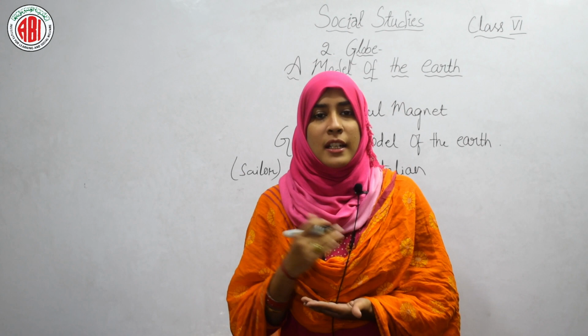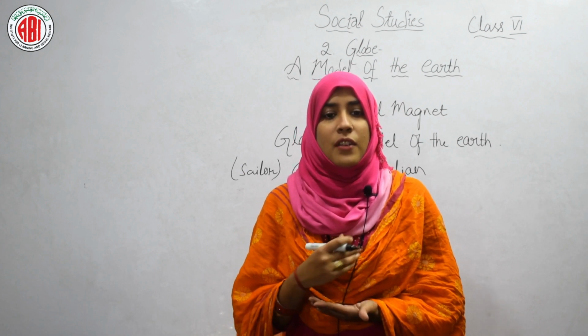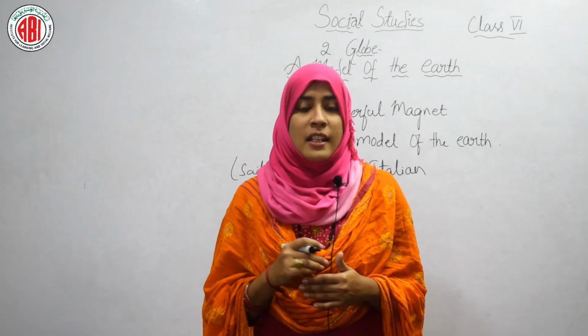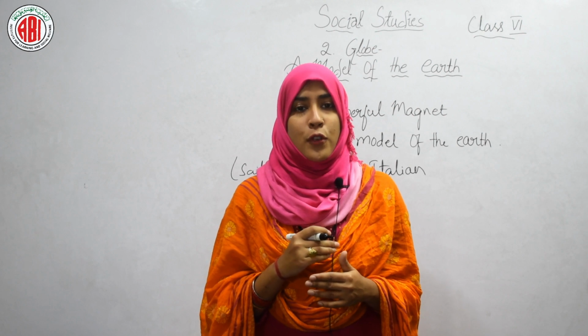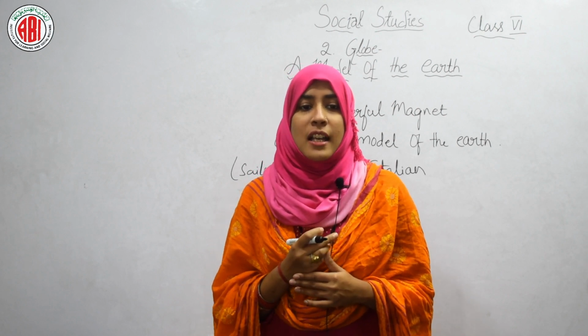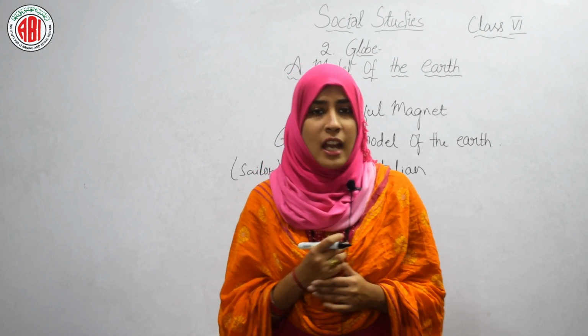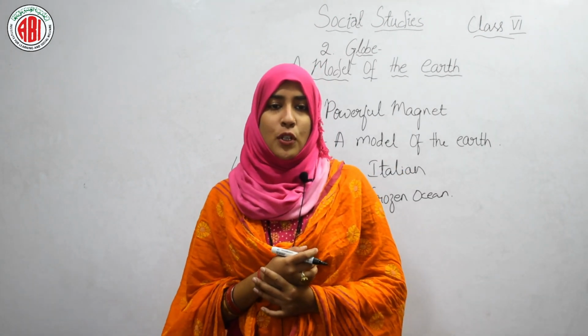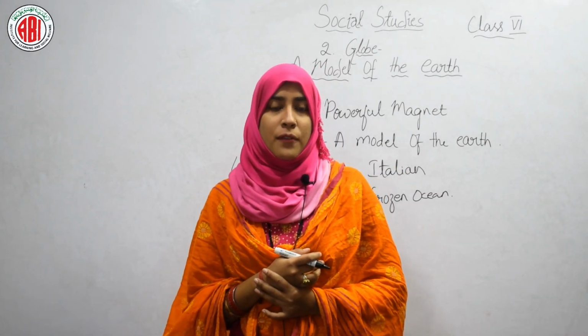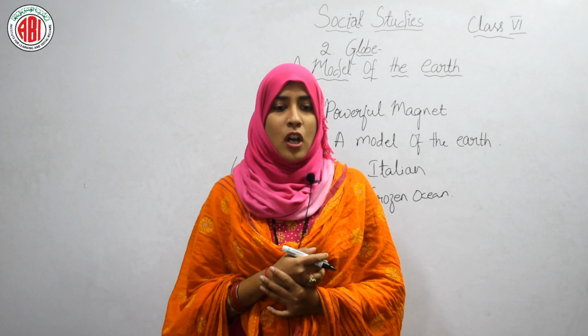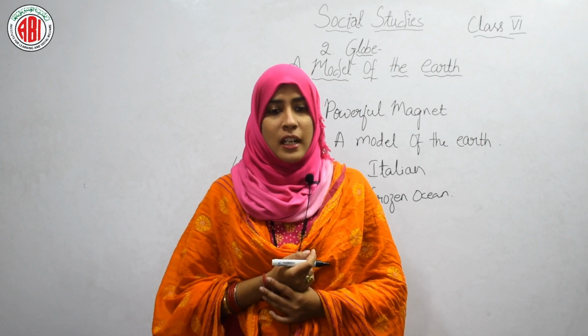The northern part and southern part of the Earth are covered with ice. The North Pole has a frozen ocean, that is the Arctic Ocean, and the South Pole has a huge accumulation of ice on it. This is called the Antarctic shield of ice.